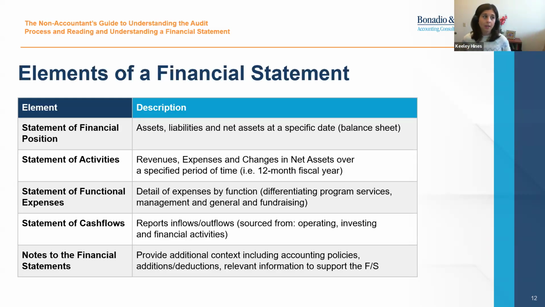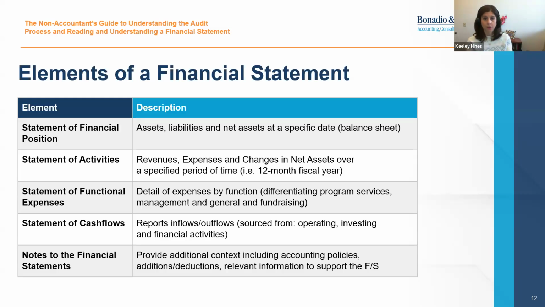And then the notes to the financial statements are a required part of the financial statements, and they provide additional context. They speak to accounting policies, and to any additions and deductions that may have taken place in, say, a balance like a borrowing or debt or a fixed asset.